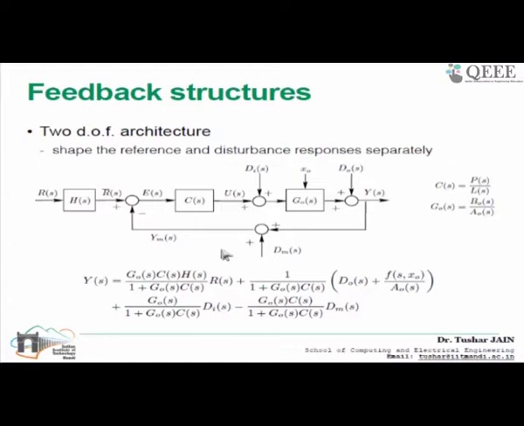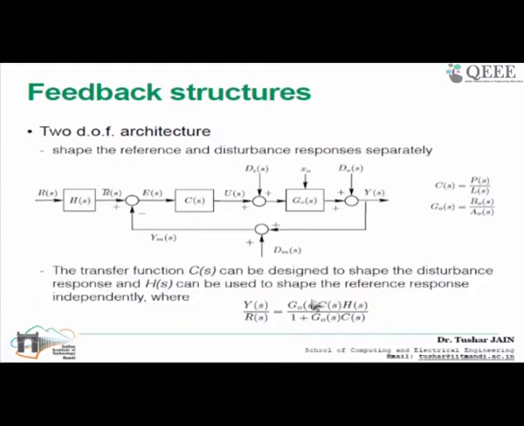And then I designed my H of S such that it gives me the desired response with respect to R of S. Here I am designing two transfer functions, C of S and H of S, so that I can shape the reference and disturbance responses separately. Now we will see why I am looking for these kinds of transfer functions, and where the stability properties are hidden in them.